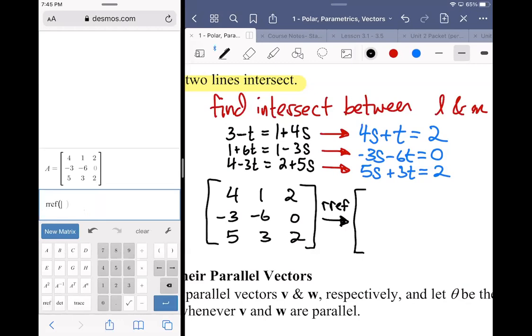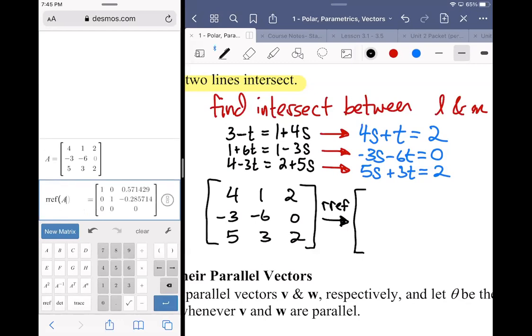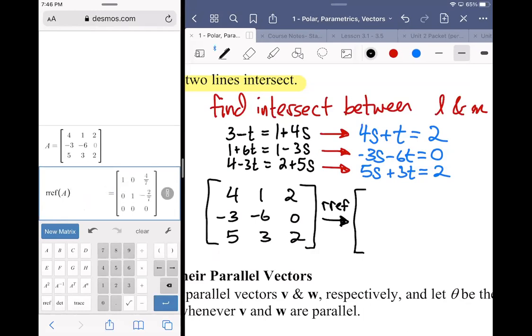Bottom left-hand corner, ref, type in the A. You get that right there, all right? Tap on that little fraction icon, and you get some more pleasing looking values, if they exist. Sometimes they're just nasty decimals, and you're just stuck with them. So 1, 0, 4 sevenths, 0, 1, -2 sevenths, and then 0, 0, 0.